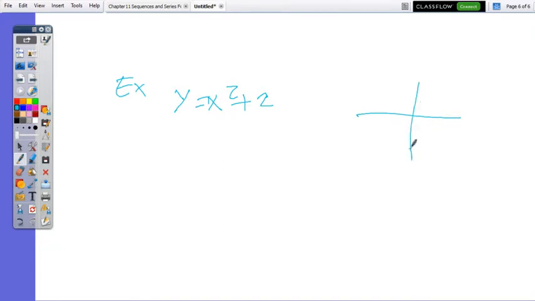Try to sketch the graph. This one is up 2 units. It's a parabola. And then the closed interval, let's say from negative 2 to 2.